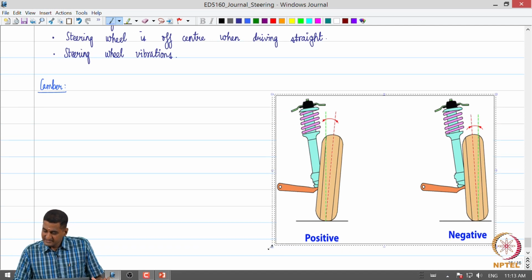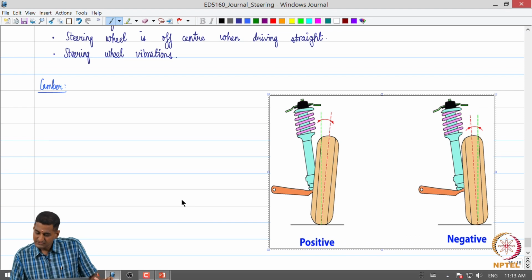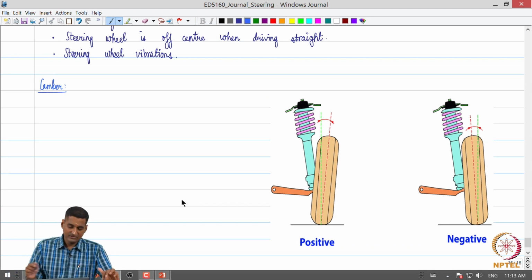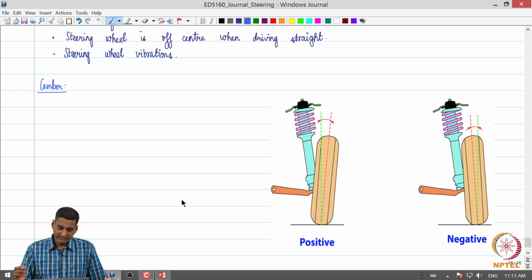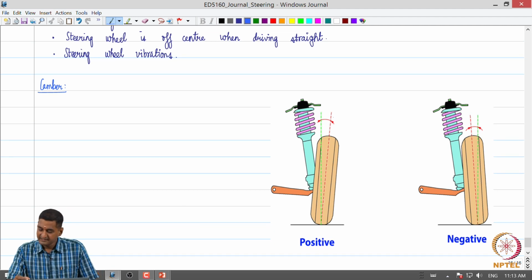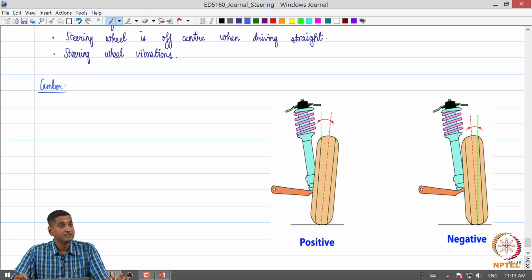So, let us look at this simple schematic. So, what is camber? Camber is nothing but the angle made by the central wheel plane axis with the vertical direction when you view the wheel from the front of the vehicle. Okay.